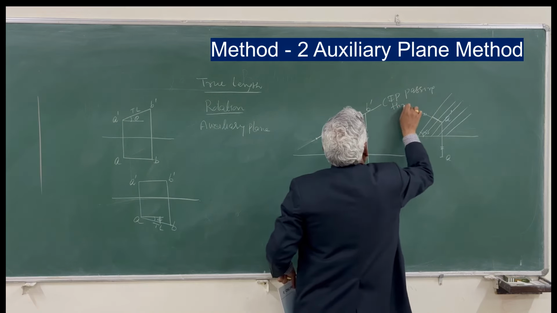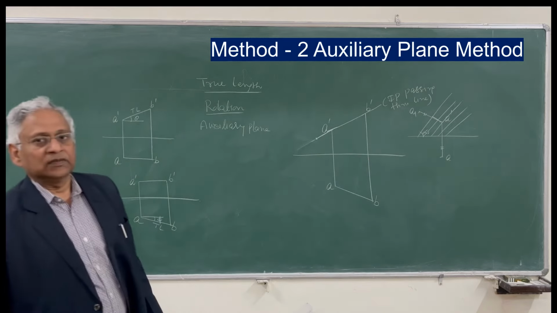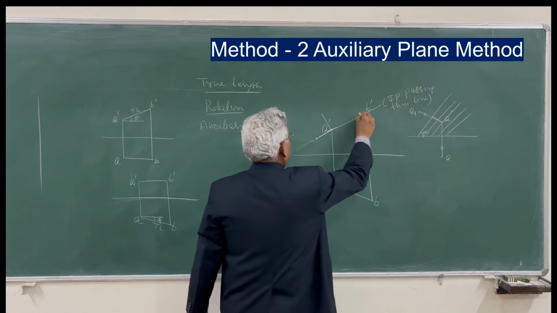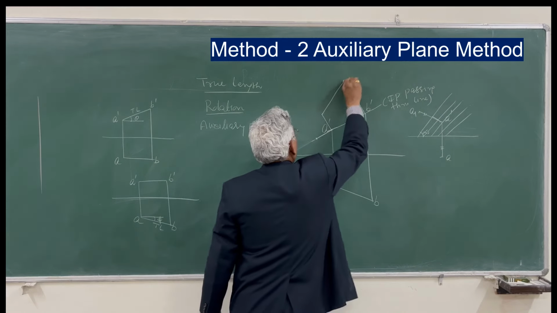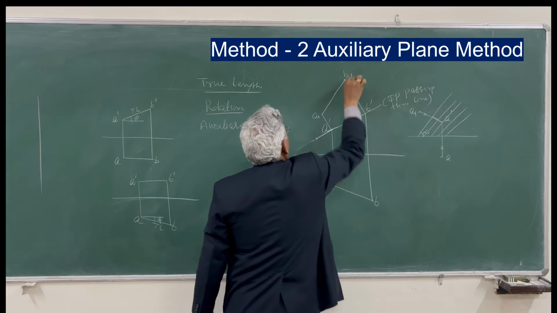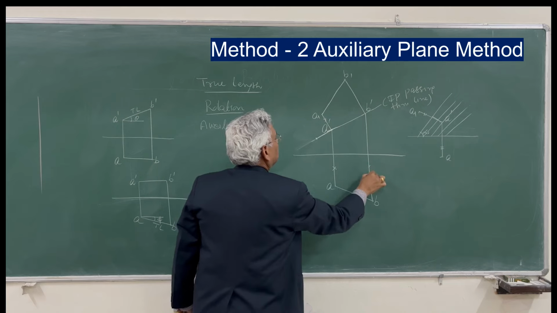Therefore, if you project these points on this plane, that will be the true length: A1, B1, this distance here and this distance here.